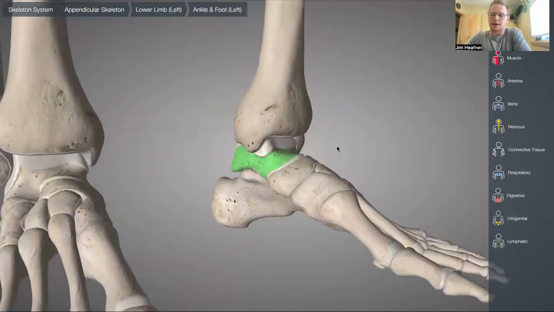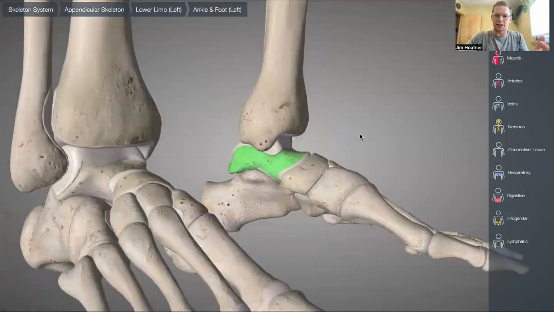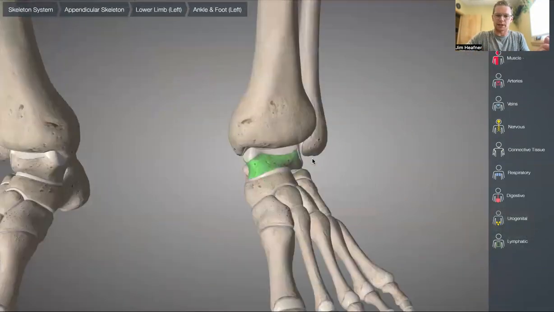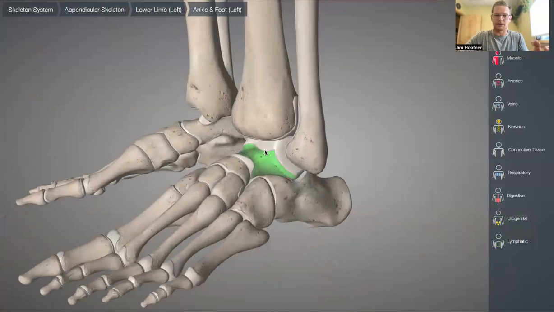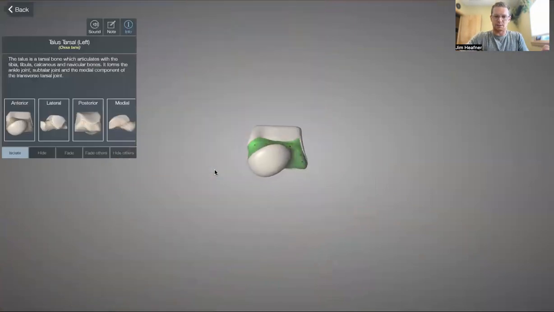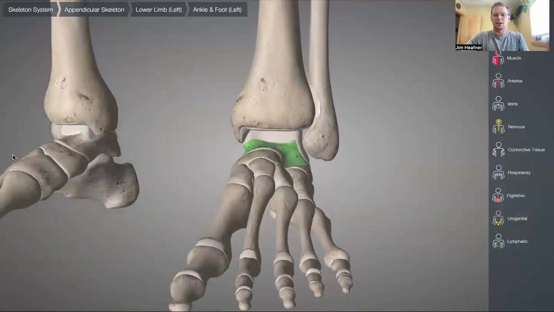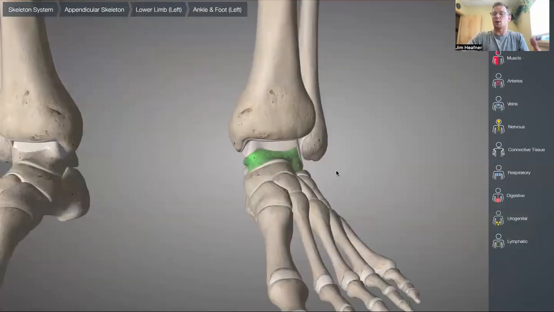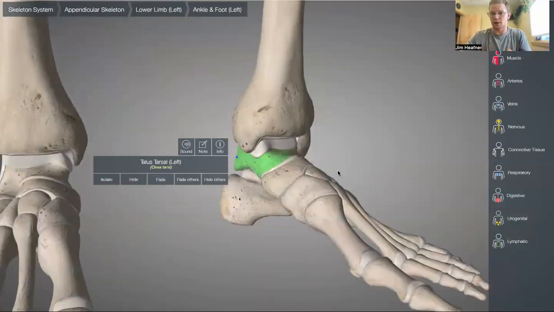In school, we learn about the different shapes of joints, and you can see that this joint is so complex. If I isolate this bone here, you can see all the different concavities and convexities as they attach with different parts of the foot. I don't care too much about that, but I want to know what happens broadly through an area of joints.